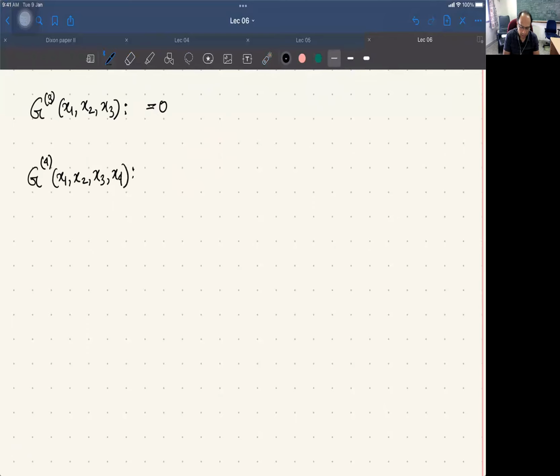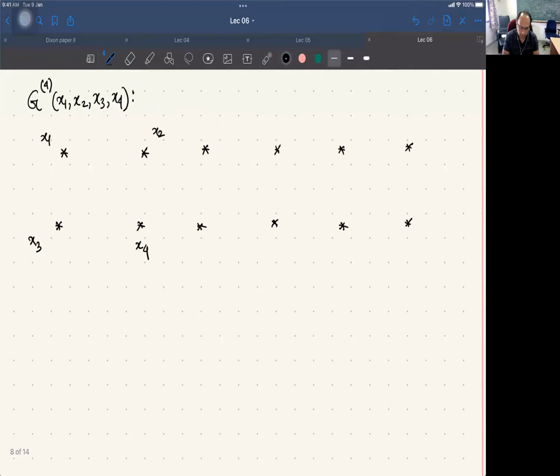G4, on the other hand, exists, and you can write these three topological possibilities. So these are x1, x2, x3, x4, and we follow the same naming of these points.